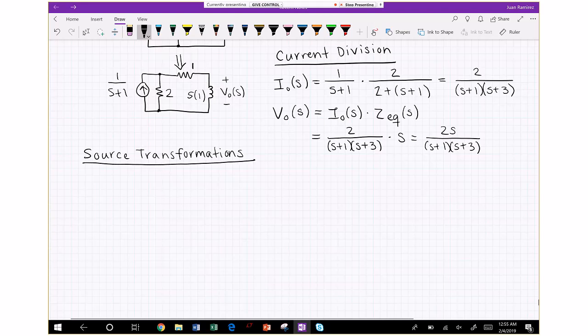Okay, so if you remember, in source transformations, you have a Thevenin voltage and Thevenin resistance, or you could have a Norton current and Norton resistance.